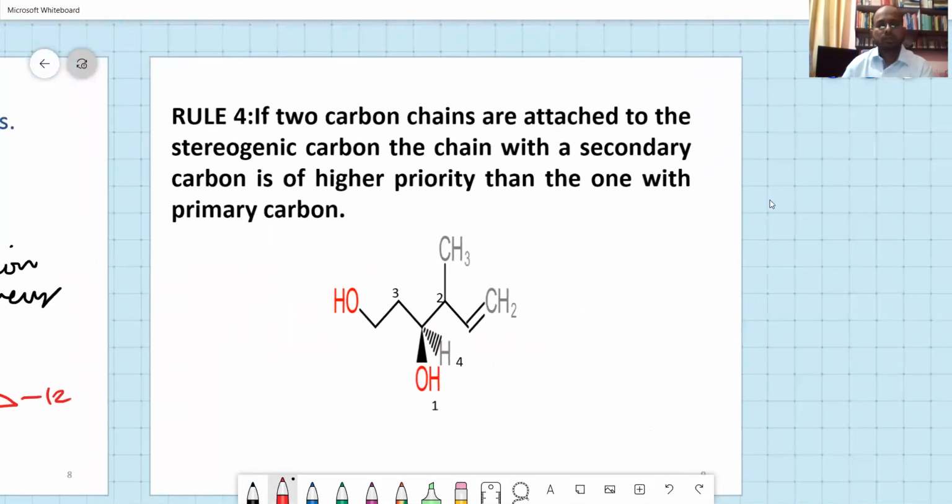And the rule just says, Rule 4: if two carbon chains are attached to the stereogenic carbon atom, the secondary carbon takes priority over the primary carbon. So I will draw this structure so that it stands clear.